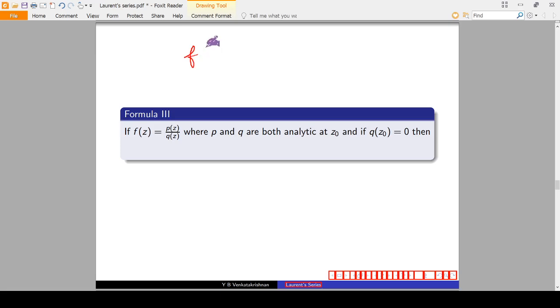Suppose you have a function f of z which is rational, p of z by q of z, where q of z naught is equal to 0.